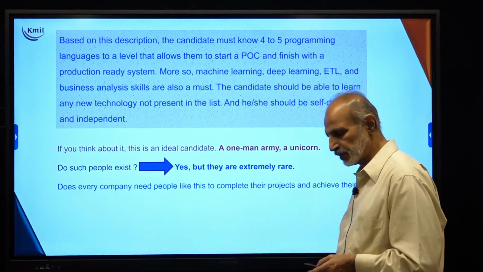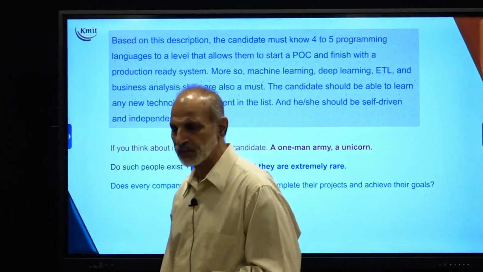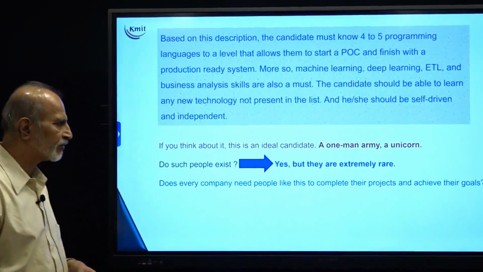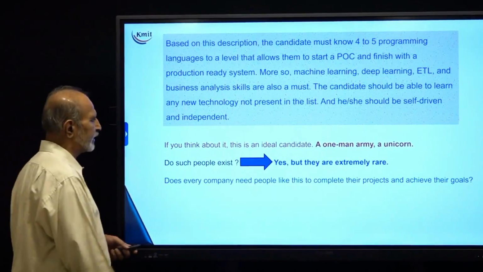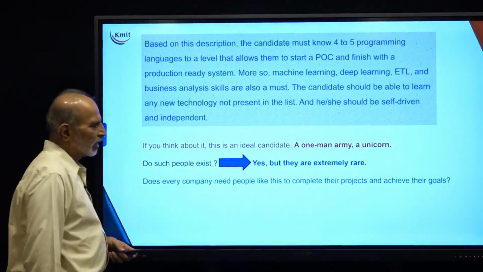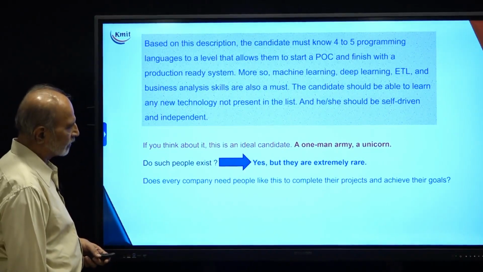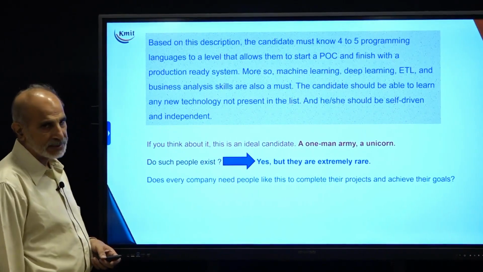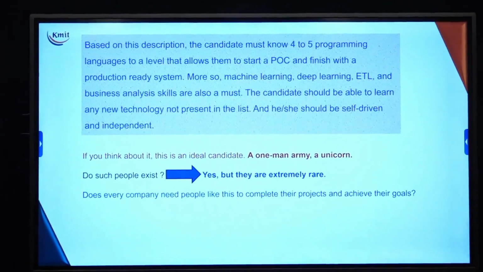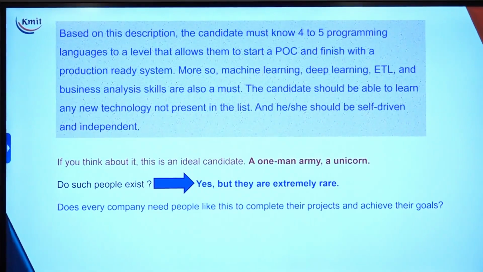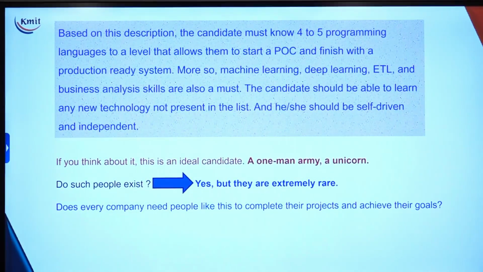Now, looking at a broad 34 to 35 number of requirements, do you think that you have an ideal candidate available? A one man army, one person who is doing a multitude of tasks, and that is what we call in English a unicorn, a person who has multitasking ability.